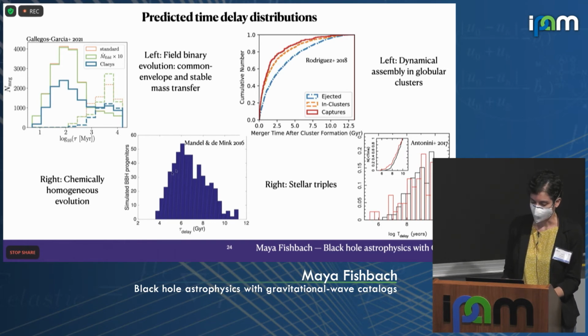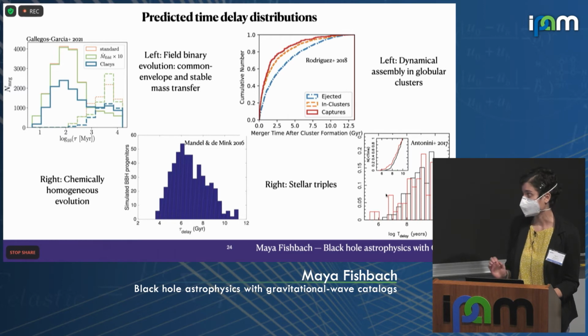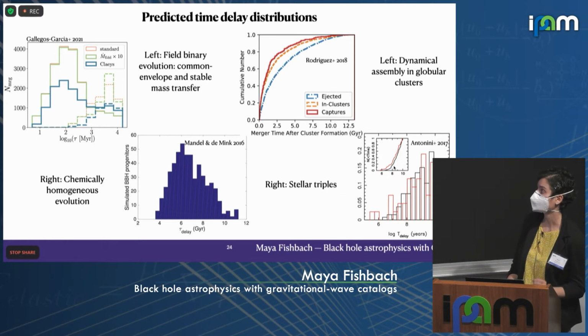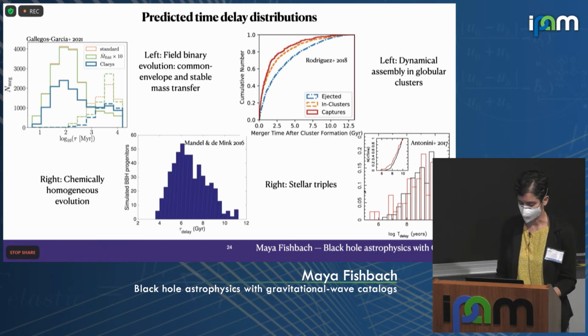This is a plot from the chemically homogeneous evolution, which actually favors much longer delay times. So this delay time distribution is already in tension with data. And here's an example from stellar triples, which has some common aspects to field binary evolution, but is also a little bit different and favors longer delay times.